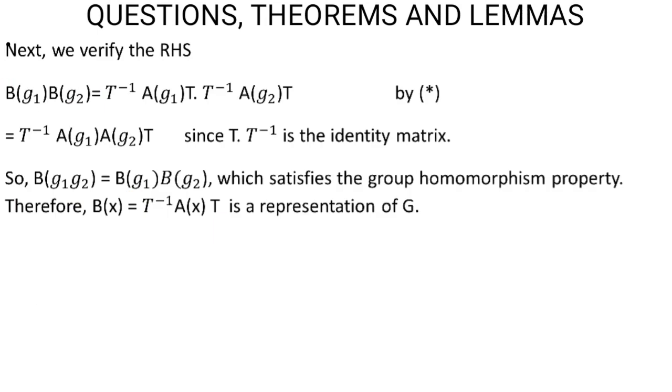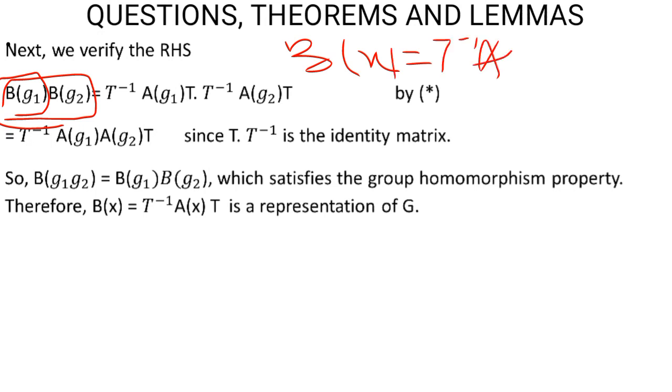So this is our right-hand side, as seen in the previous screen, and we know what BX is. Again, BX is T inverse AX T. So now this is BG1. Wherever there is X, we put G1. That's why there's G1. You can see this term.